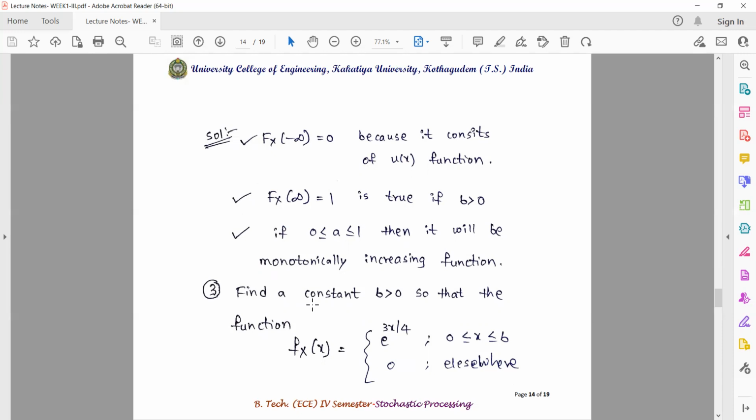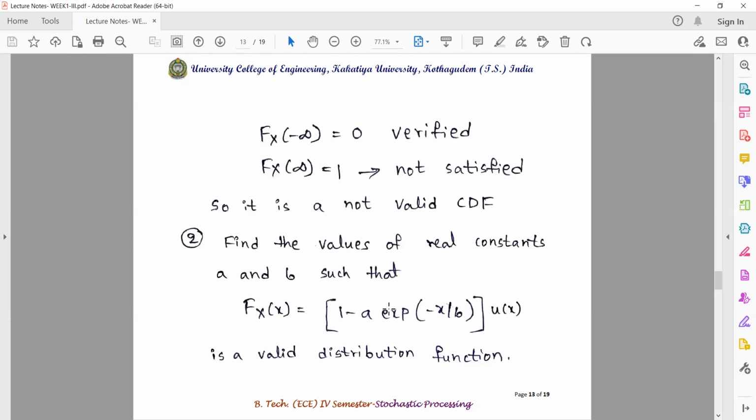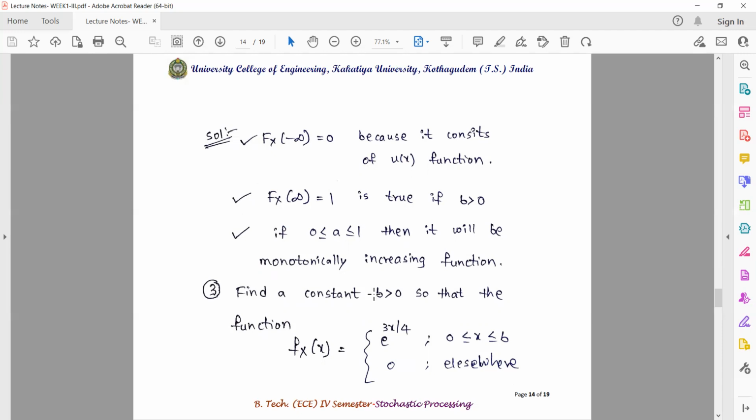This is true only if b is greater than 0. If b is greater than 0, then it will end at 1. And it should be a monotonically increasing function if a lies between 0 and 1; only then is it monotonically increasing.